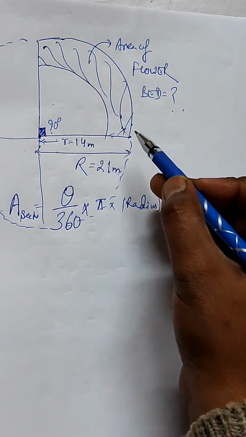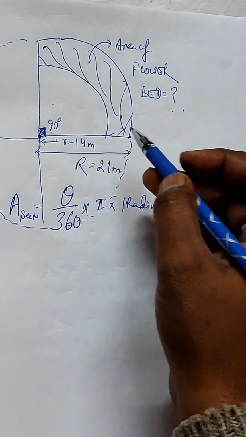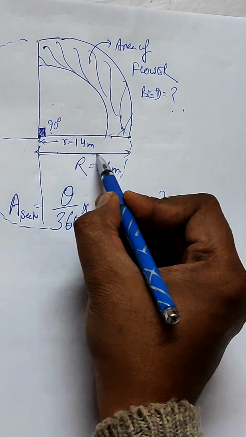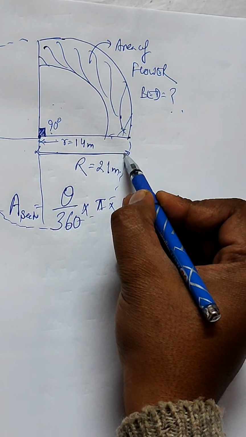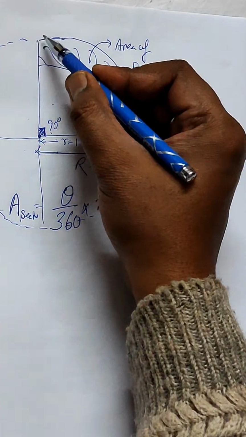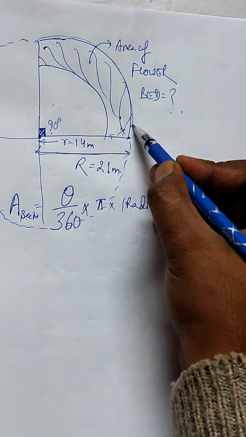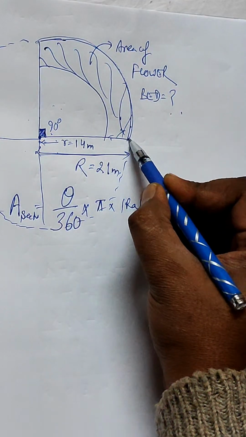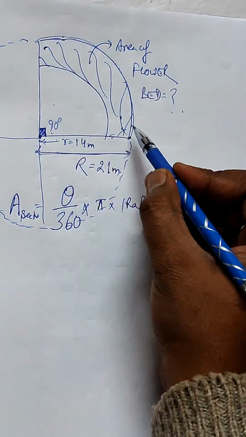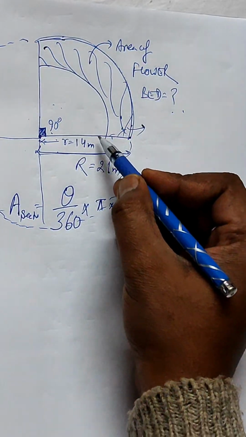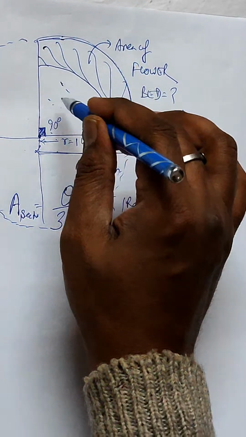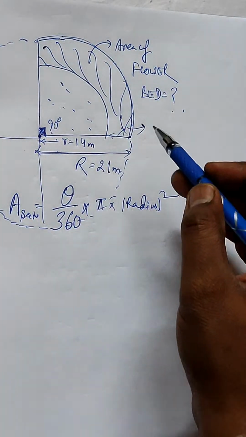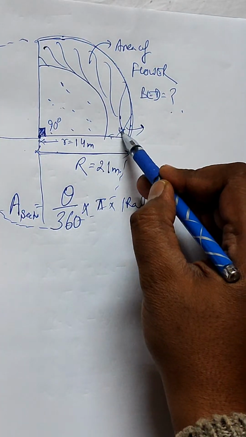So students, think here and just listen. If this is the bigger radius 21, and this is the outer circumference, then from the bigger sector, if you subtract the smaller sector, don't you get the area of this flower bed?